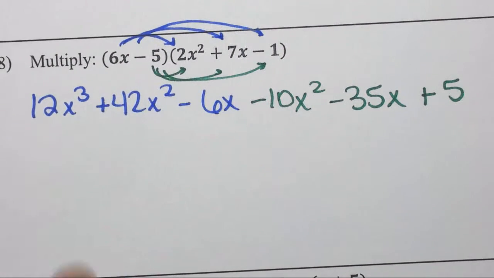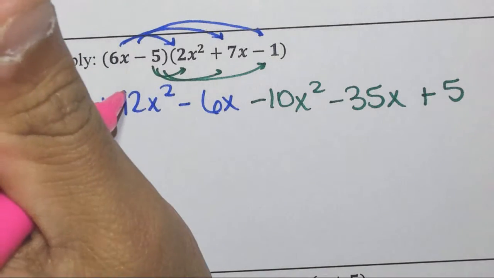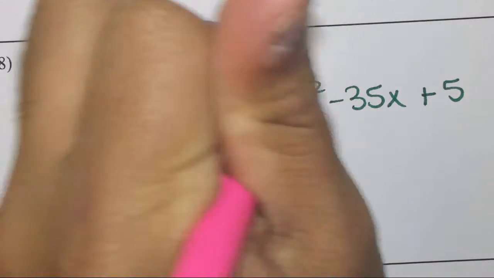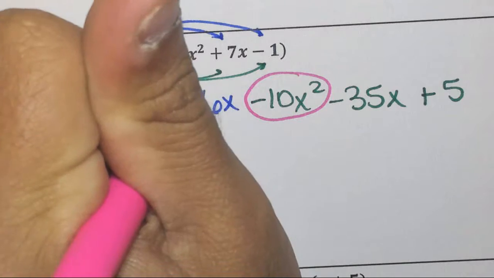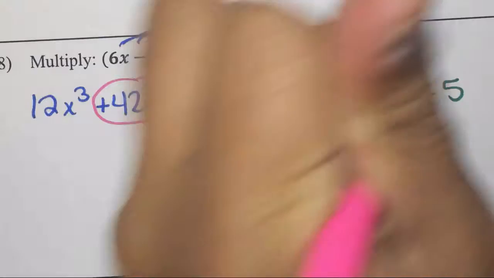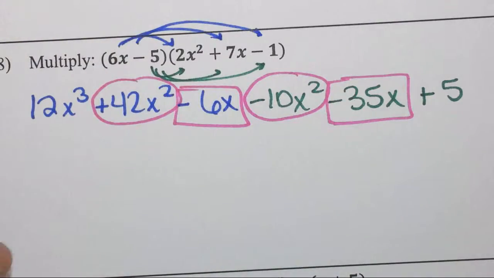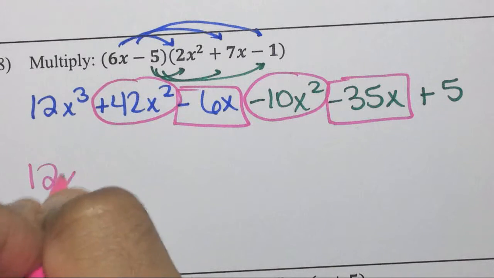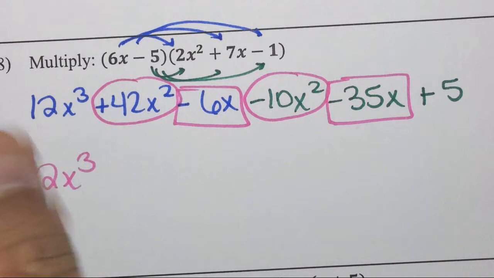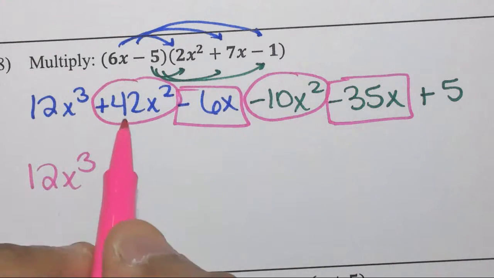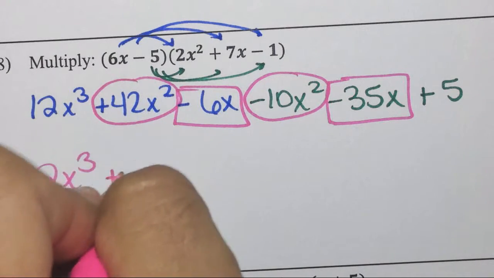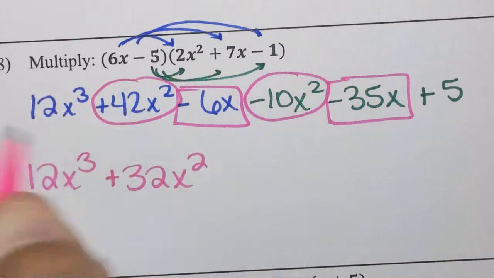And then what we do is we combine our like terms. The only thing that I see that we can combine are these two here and these two here. So 12x to the third stays. This right here is a positive 32x squared.